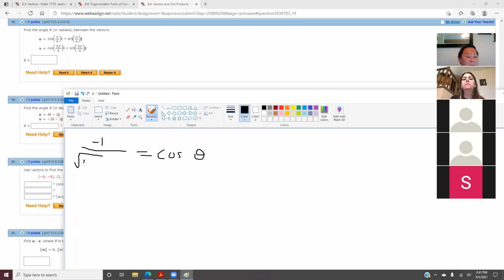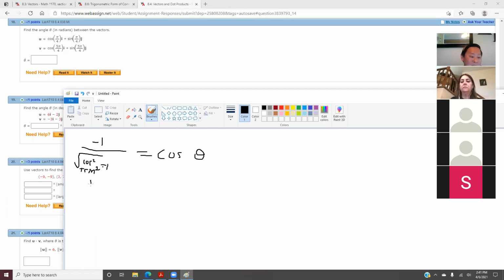So it's cosine squared plus sine squared. And you should know this very important identity. What is cosine squared u plus sine squared u? 1. And the square root of 1 is 1.